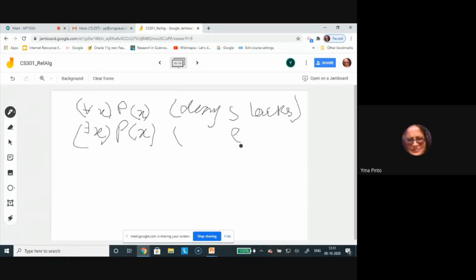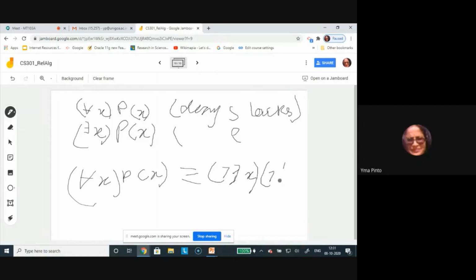Okay, so if I'm putting this in equivalent terms, I can say for all X P of X is equivalent to me saying there does not exist an X that does not have this property P of X. I cannot find an X which does not have this property. That's the equivalence of this.